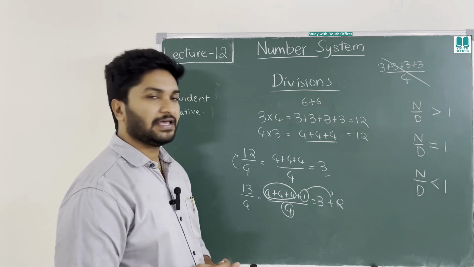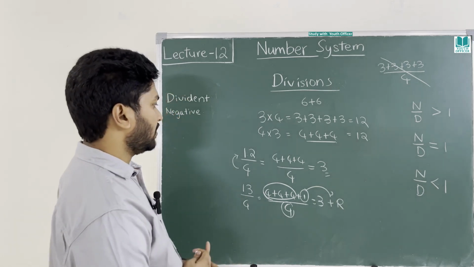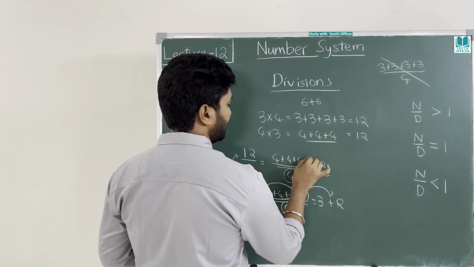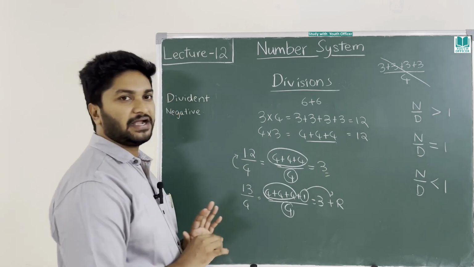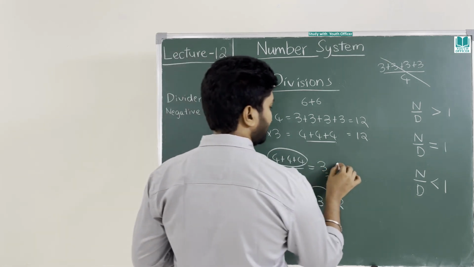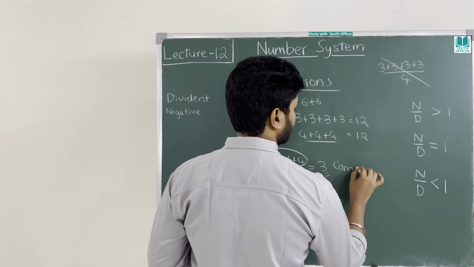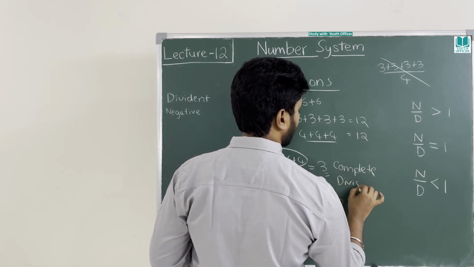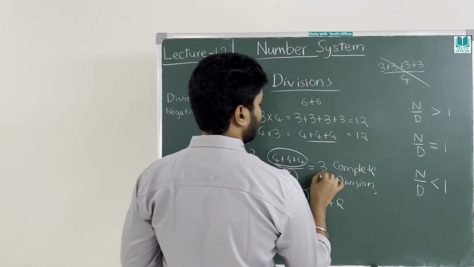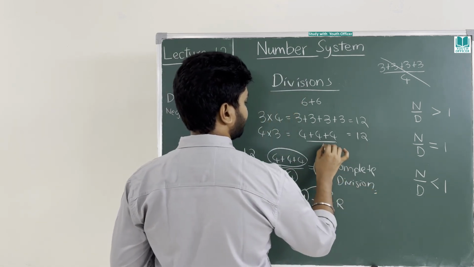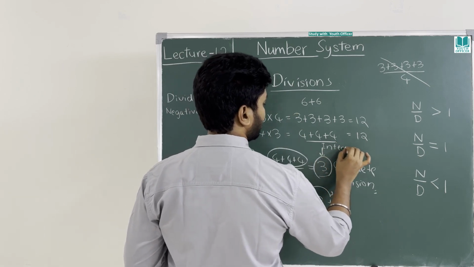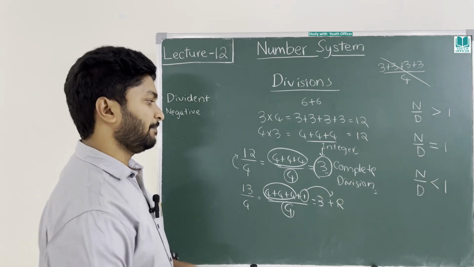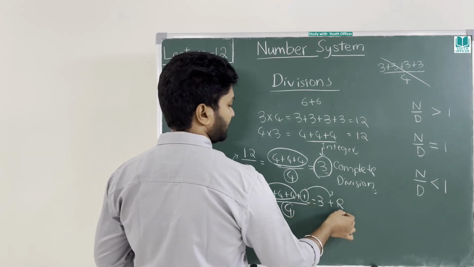Hope this is very clear. Now, if the 4 has a complete family, there is no remainder. This is a complete division. The answer will be an integer. The problem comes when the remainder is there.